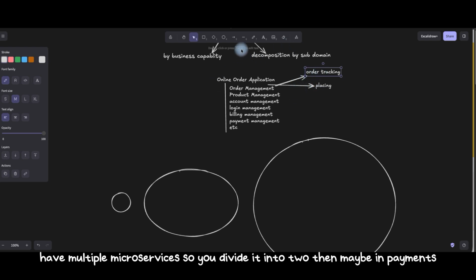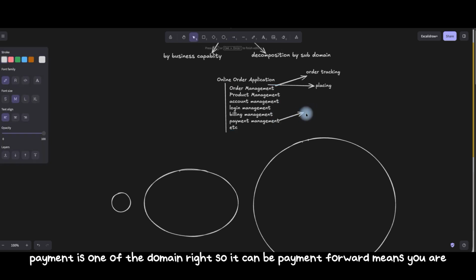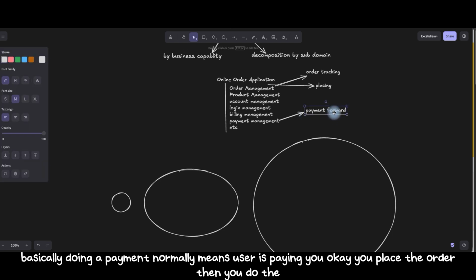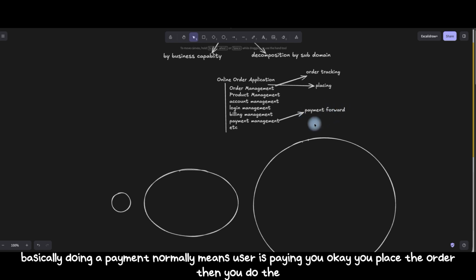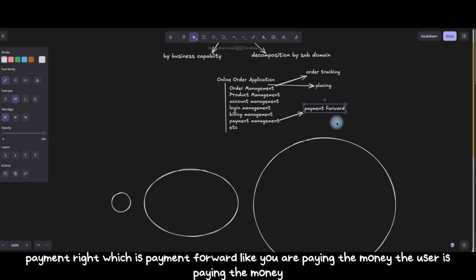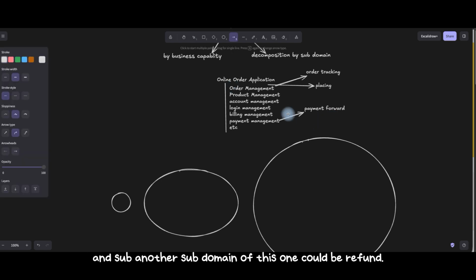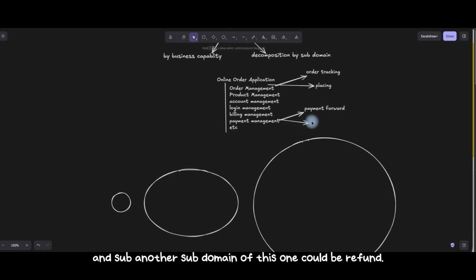Then maybe in payments, payment is one of the domains, right? So it can be payment forward, which means you are basically doing a payment normally, the user is paying you. You place the order, then you do the payment, which is payment forward. The user is paying the money. Another subdomain of this one could be refund.